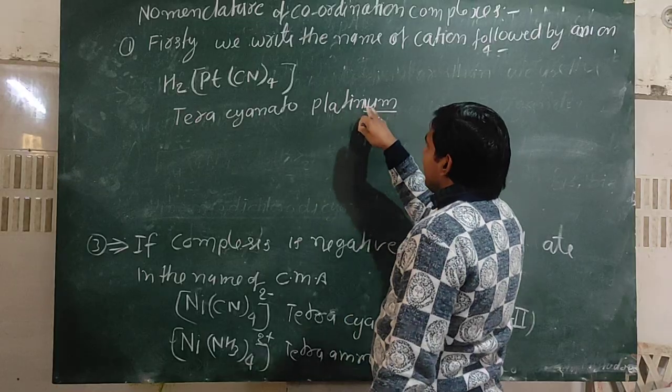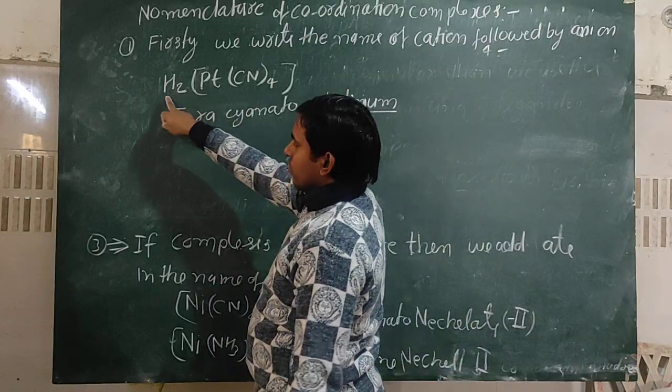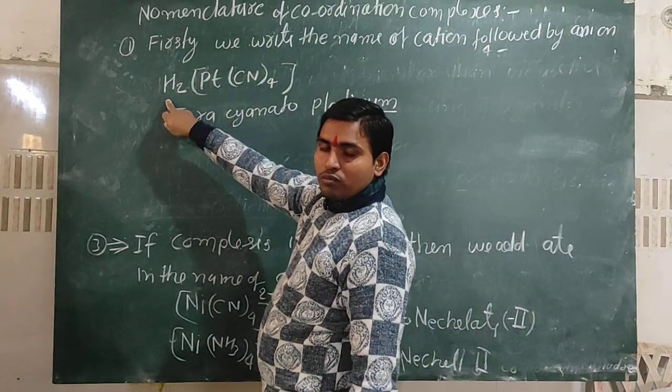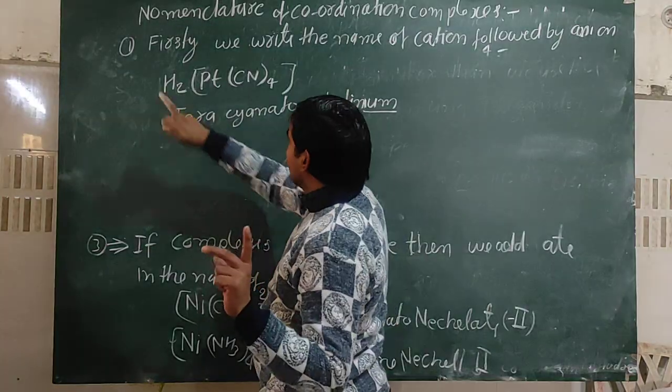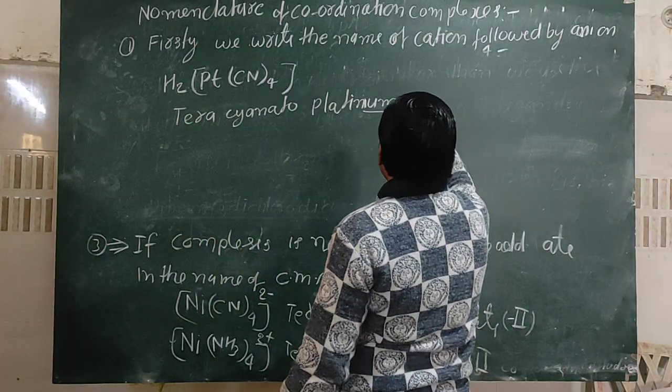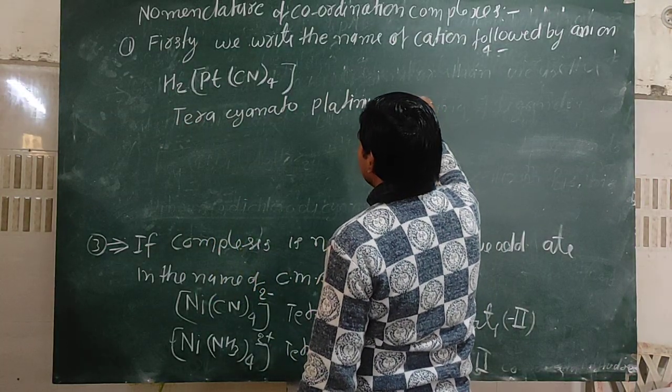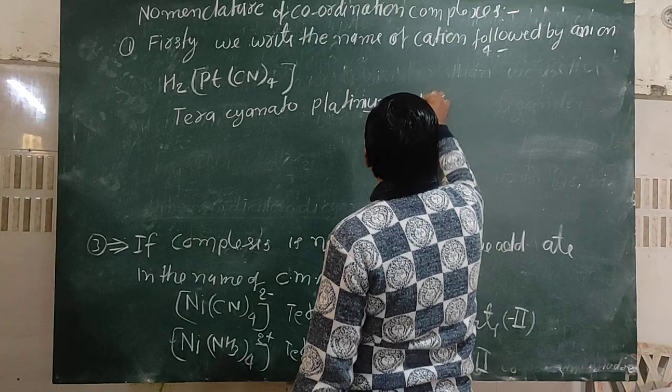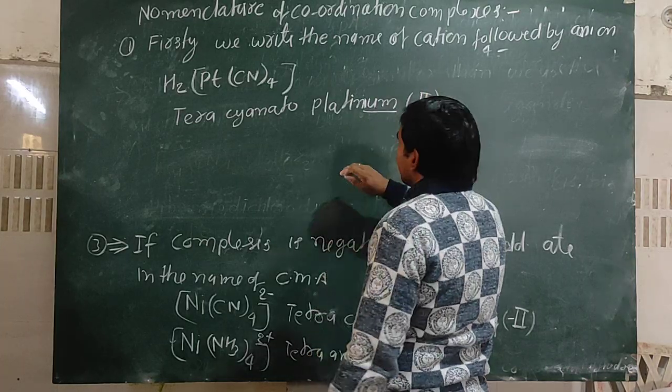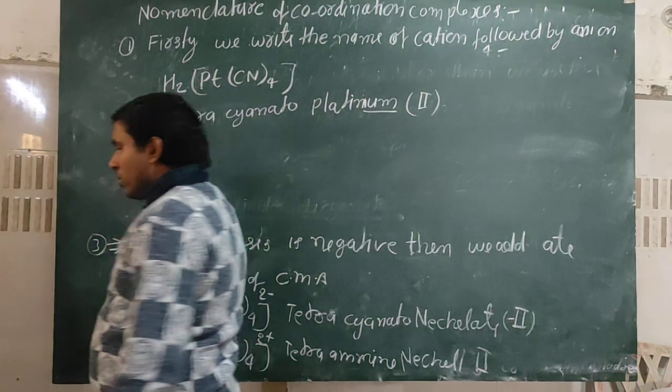Platinate becomes platinum. We never write the name of hydrogen, and then we use the oxidation state, which is equal to II.